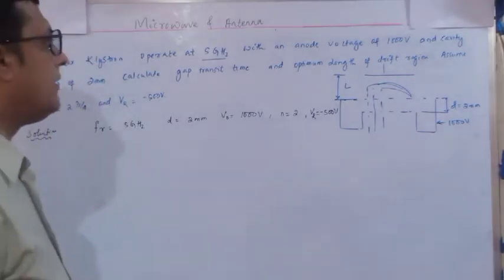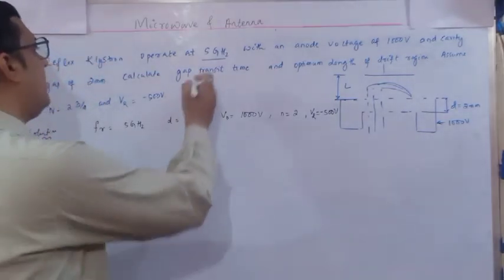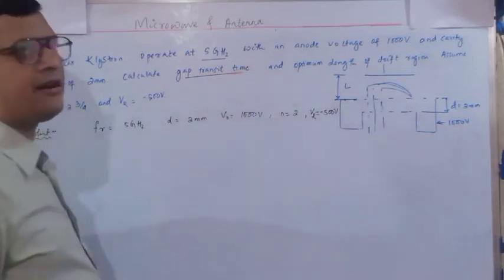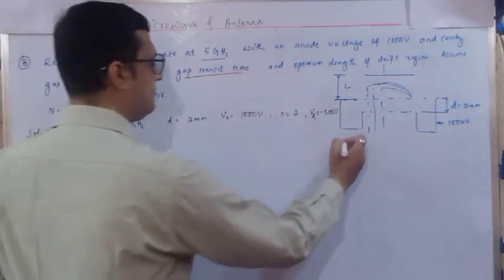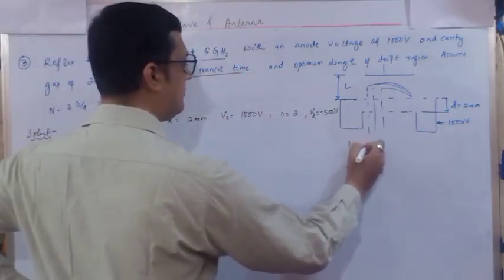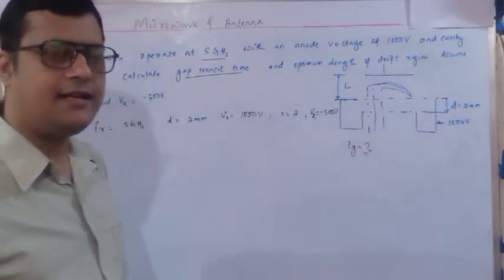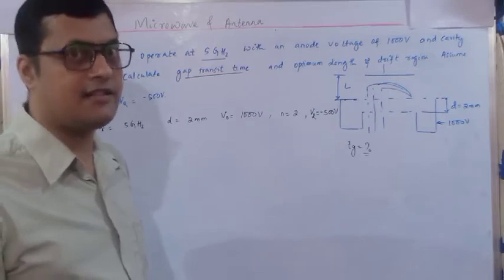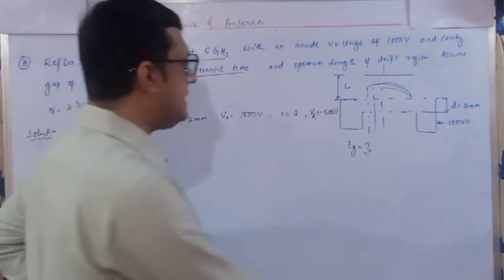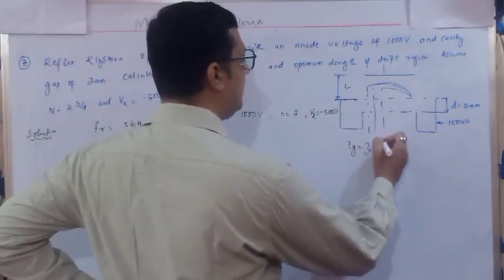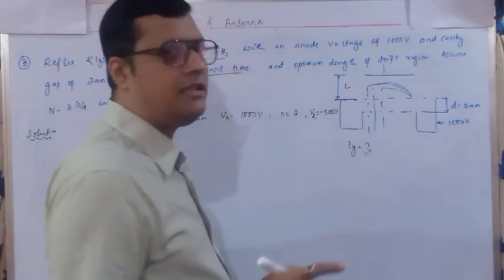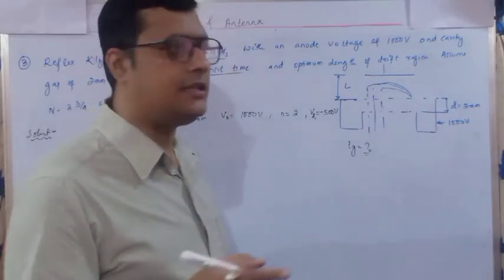Okay. Now first, how to determine the gap transit time? Gap transit time means TG. This is the gap transit time. And how is it related? It is related with respect to theta, the transit angle. TG is nothing but, and what is the unit of TG?